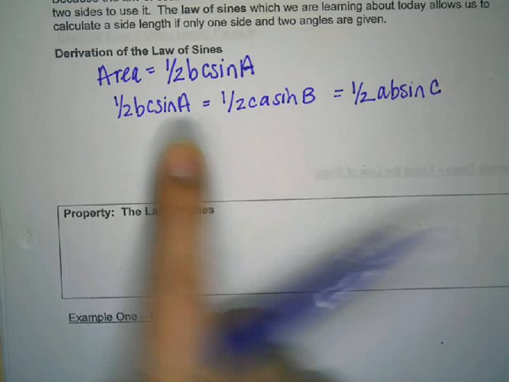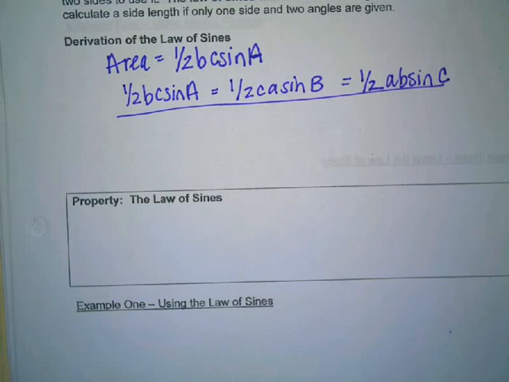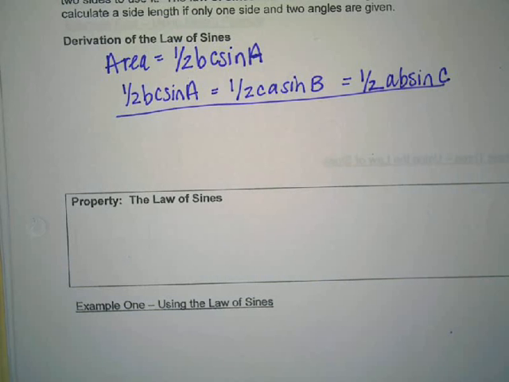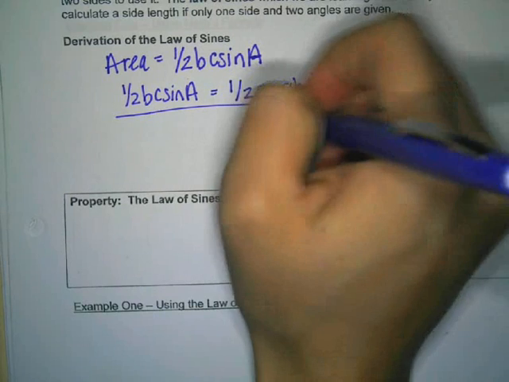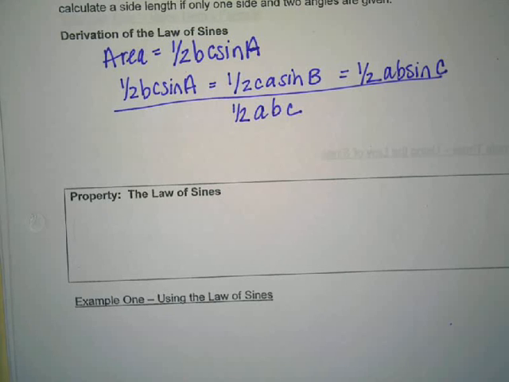Okay, so all three of these represent the area of the same triangle, just written three different ways. Now, if I divide that whole chain of equations by abc, the 1/2 will cancel in all of them.